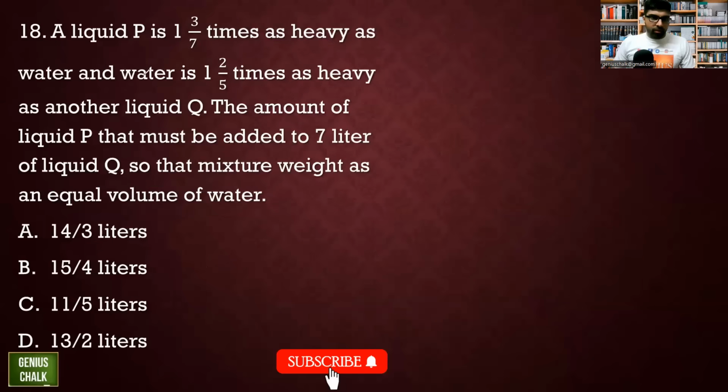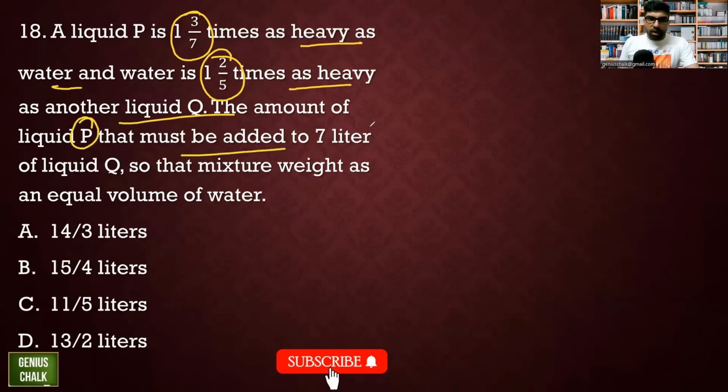All right, next question we have is a liquid P is 1 3/7 times as heavy as water. Water is 1 2/5 times as heavy as liquid Q. Amount of liquid P that must be added to 7 liter of liquid Q so that mixture weighs as equal volume of water.